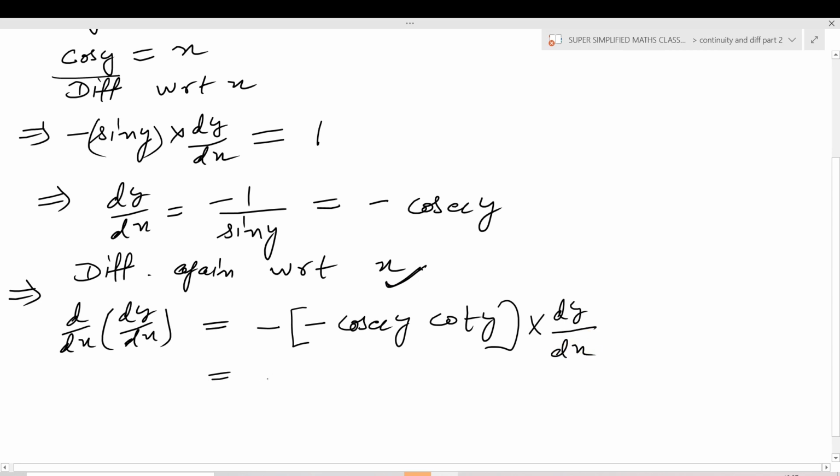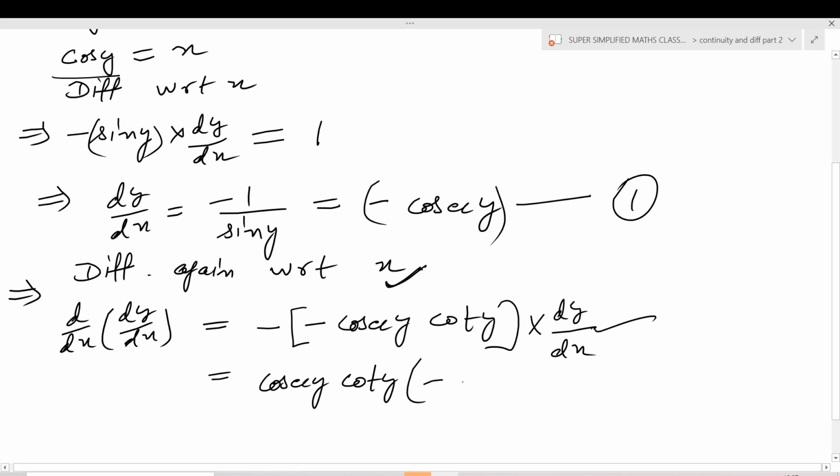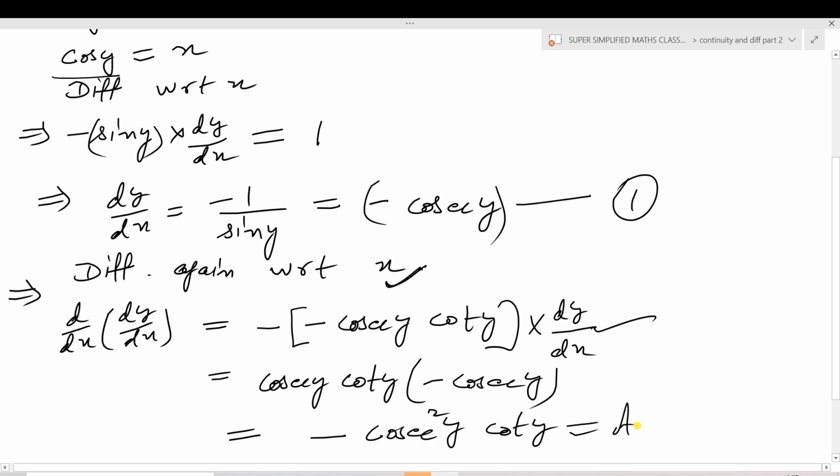So this becomes minus minus plus cosec y cot y. Now we have to substitute the value of dy by dx from equation 1. The value of dy by dx is minus cosec y, so in place of dy by dx, I write minus cosec y. So finally my answer is minus cosec square y into cot y. And hence this is your answer.